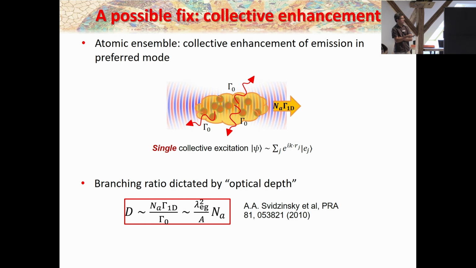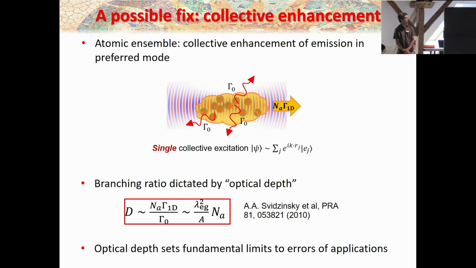And this parameter here is known as the optical depth of your atomic ensemble. And if you treat the branching ratio as the likelihood that you collect quantum information versus lose it, it makes sense that this optical depth sets a fundamental limit to the error of basically any application that you would want to carry out.